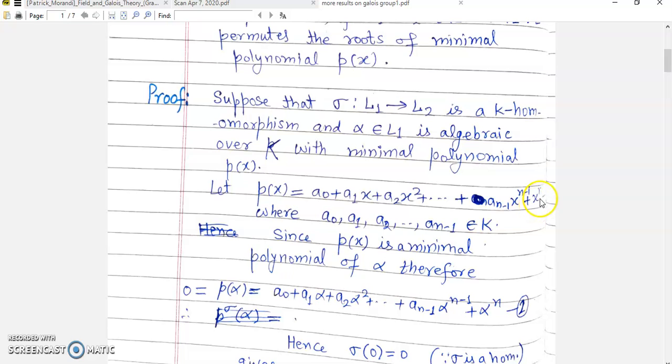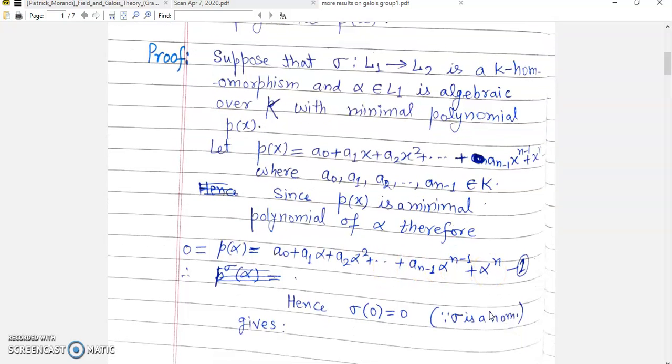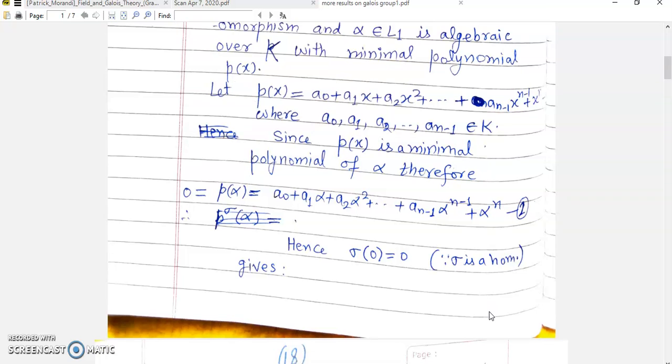So the last term will be x power n, and the coefficients a0, a1, a2, ..., a(n minus 1) belong to K. Now, since Px is the minimal polynomial of alpha, alpha satisfies this polynomial, meaning P(alpha) will be 0. This follows from the definition of minimal polynomial.